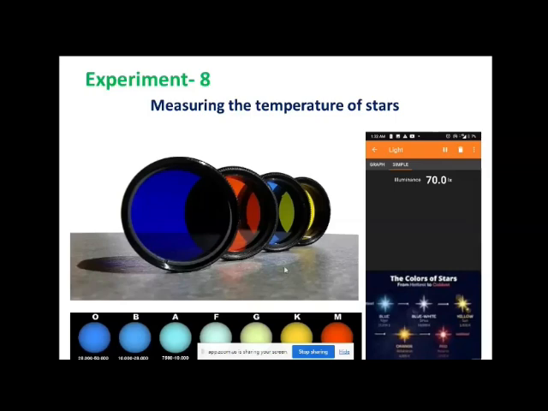But if we want a scientific result, then we use three filters: blue, red, and green. Use each filter and take the brightness with your smartphone, then compare the intensity of the three filters.